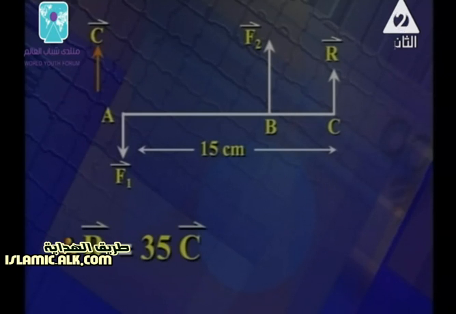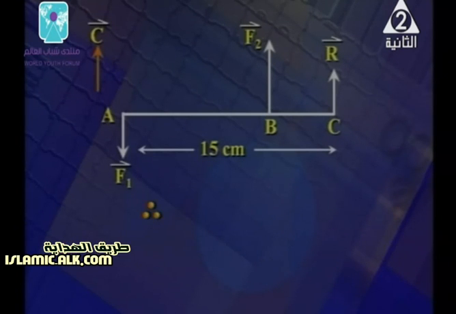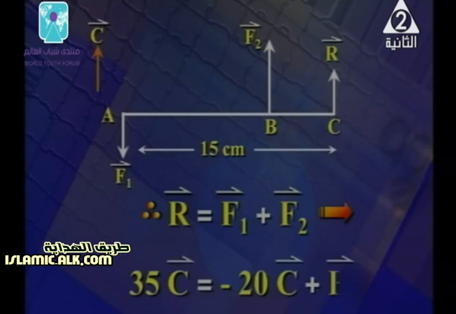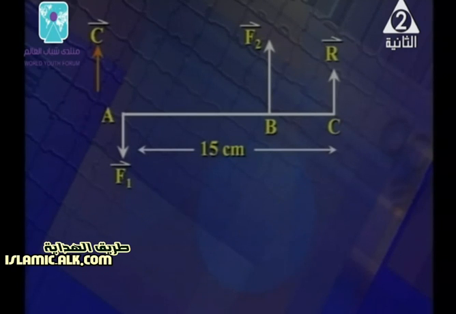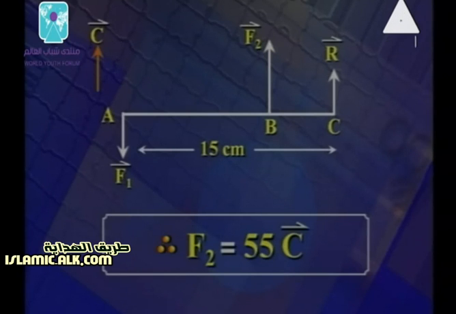Therefore, R equals 35C, F1 equals negative 20C. R equals F1 plus F2, then 35C equals negative 20C plus F2. We find the value of F2 equals 55C.